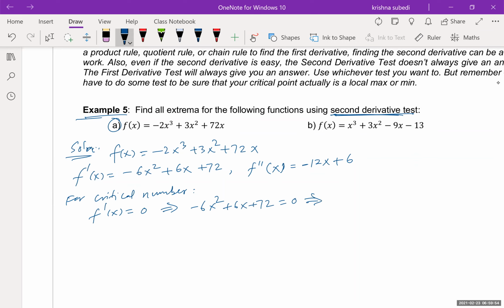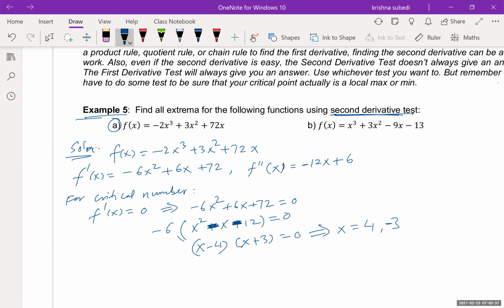If you solve it, this gives me negative x squared plus x plus 12 equal to 0, or you can take negative 6 common and write x squared minus x minus 12 equal to 0. That gives me x minus 4 and x plus 3 equal to 0. So x equals 4 and negative 3.